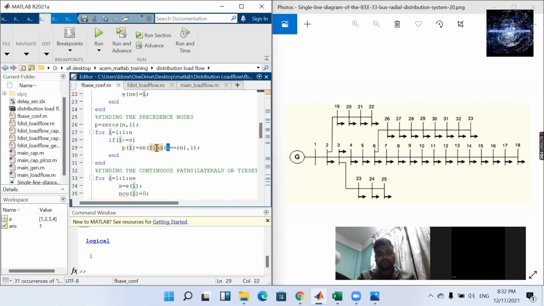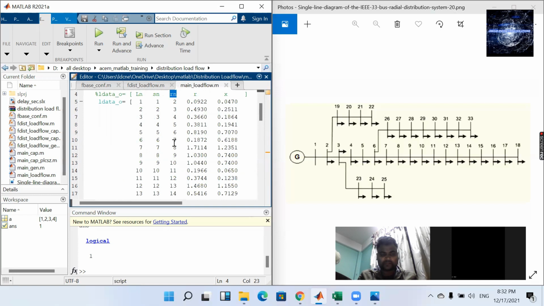Now, the complete code find(i equals Rn) will give this. We know from the figure that in Rn, 2 has index number 1, 3 has index number 2, indexing 1, 2, 3, 4 like that.